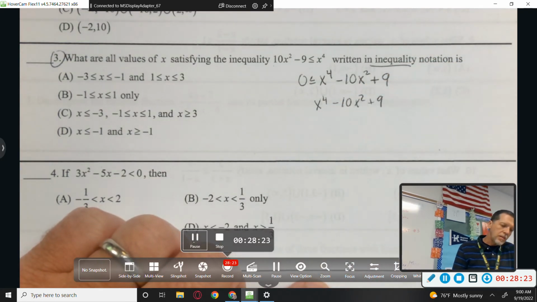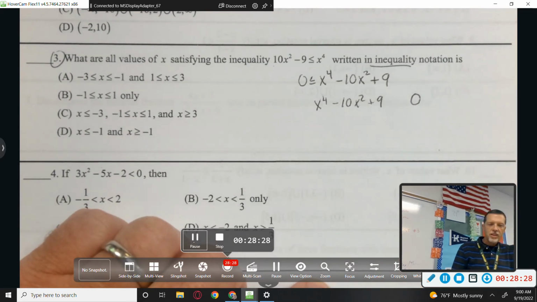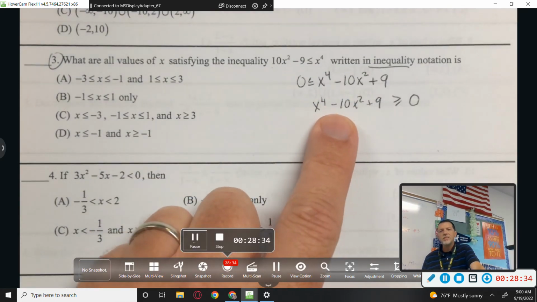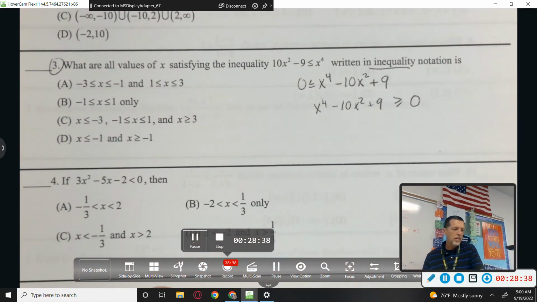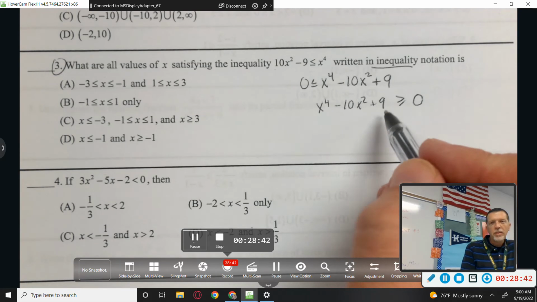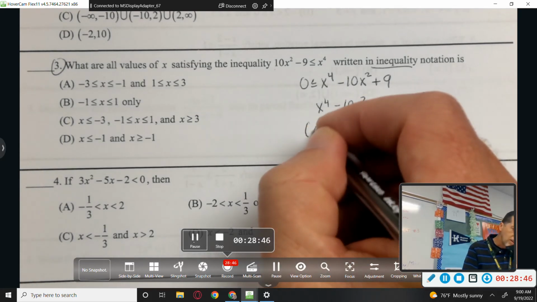How does that compare to 0? That means it's greater than 0. So you can just deal with it, or you can switch it around. I'd switch it around just because I want it to look like I think it should look. That's probably the hardest part of this problem, getting it equal to 0 and then switching things around so that it looks right.